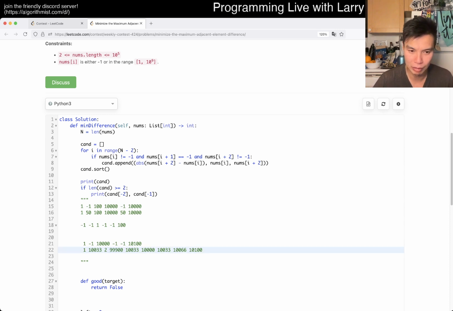Pretending that we fill in the rest, because then now this number is ginormous. But can that really be? Can that really be fixed?